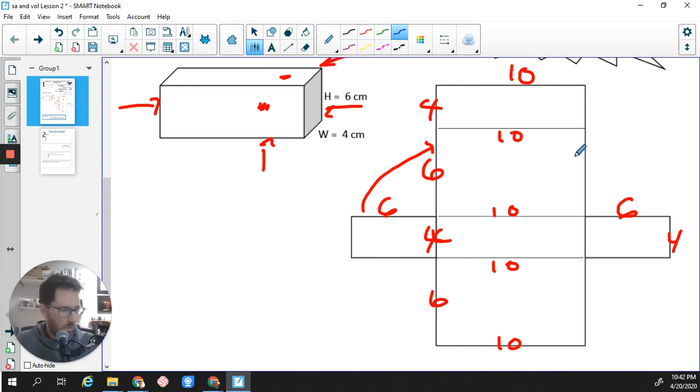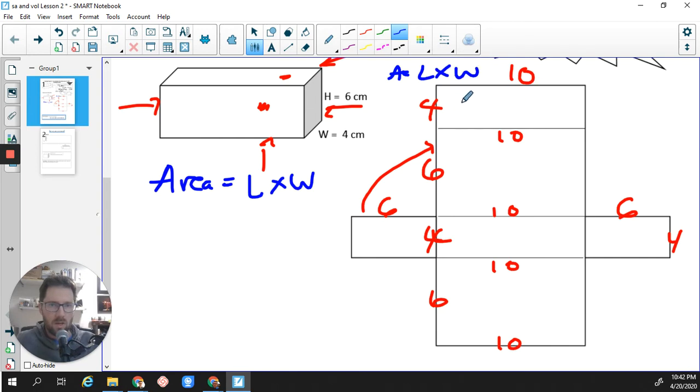So if we take a look at our calculation, area equals length times width, we're going to do that for each one of these. Okay, so we're going to go area equals length times width.